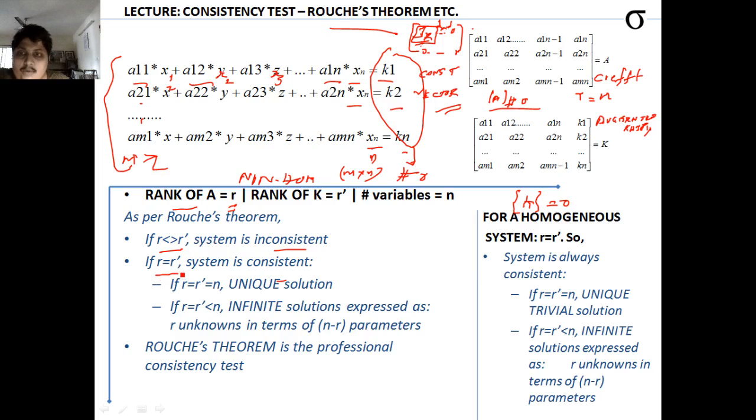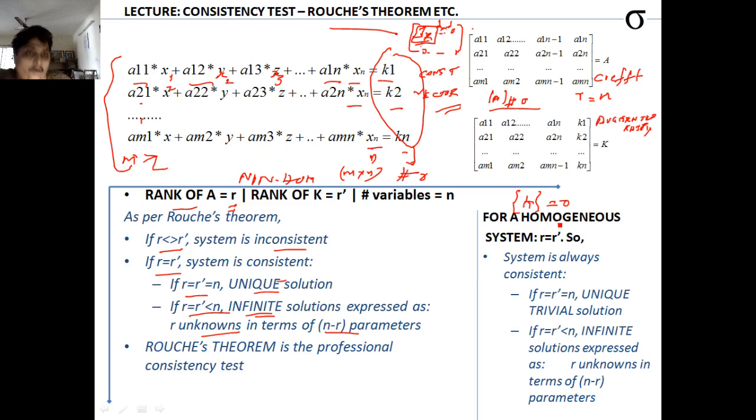Now if R equals R dash, then the system is consistent, and if that value is equal to n, which is the number of variables, then you will have a unique solution. And if R is less than n, then you have infinite solutions expressible as R unknowns in terms of n minus R remaining variables as parameters.